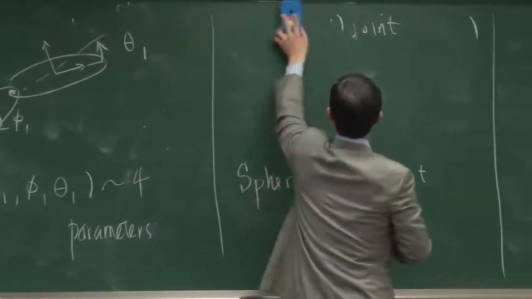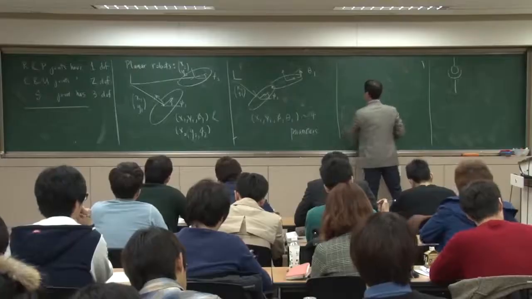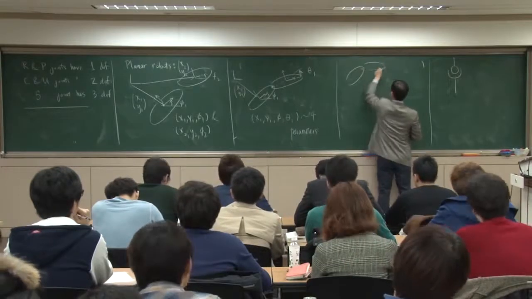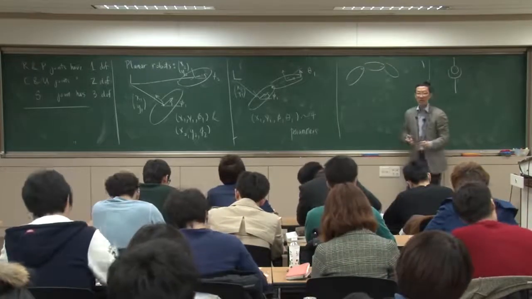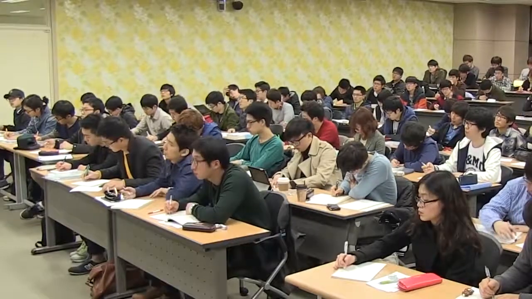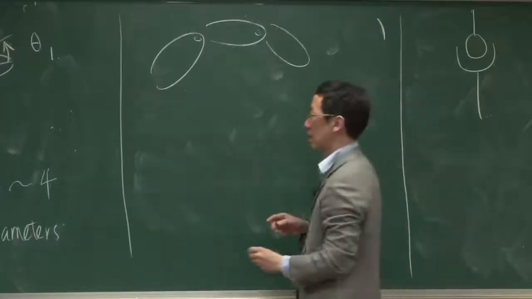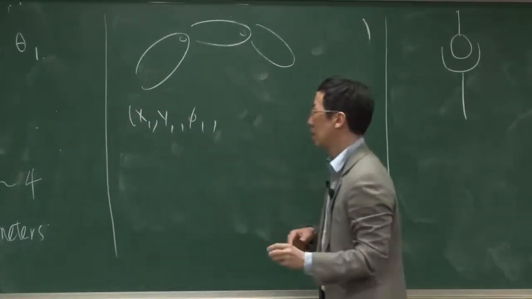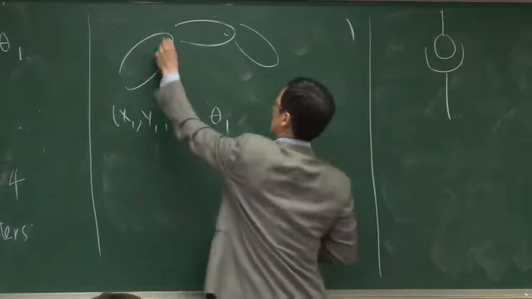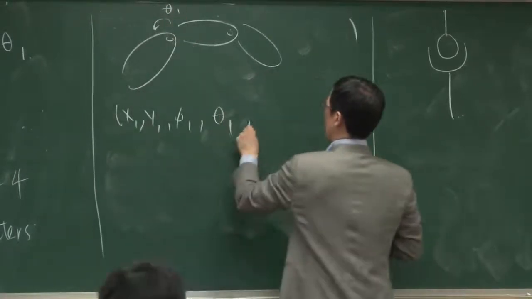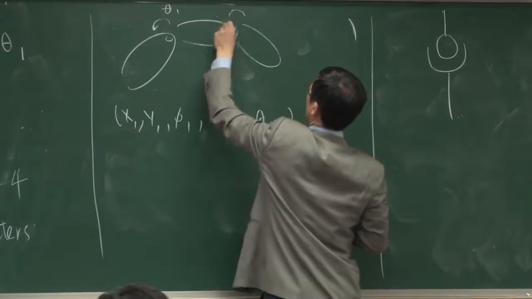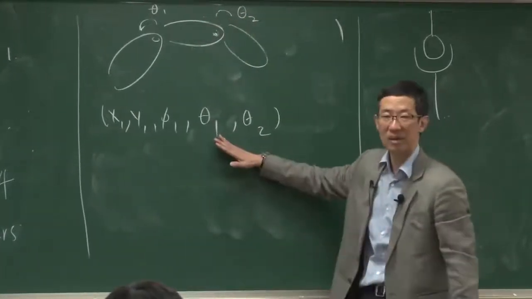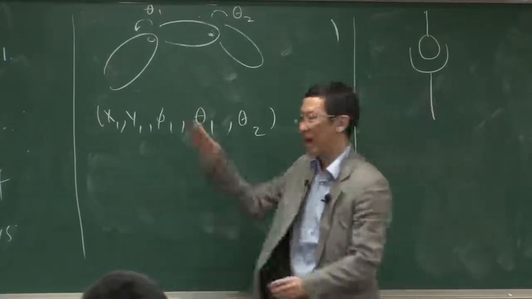And we can add another link, play this game. If we do that, how many parameters do we need? We need y1, phi1, theta 1 is this angle, and we also need theta 2, which is the amount of rotation about that angle. So we need 5 parameters here. Do you see the pattern?